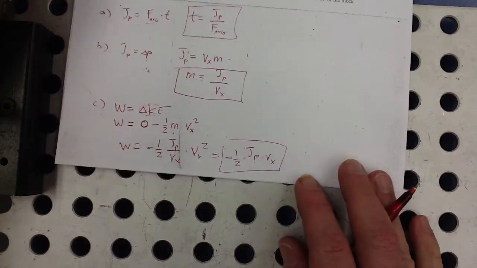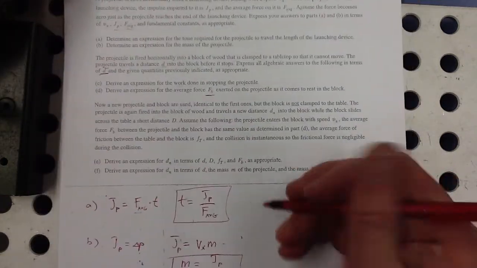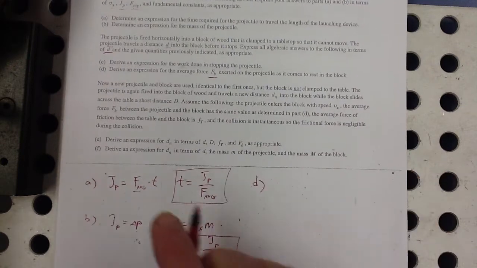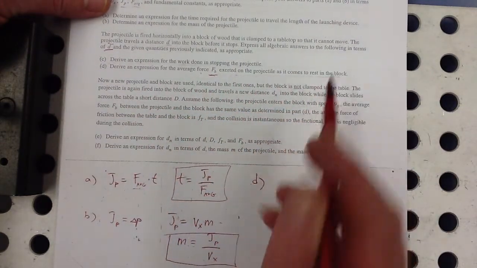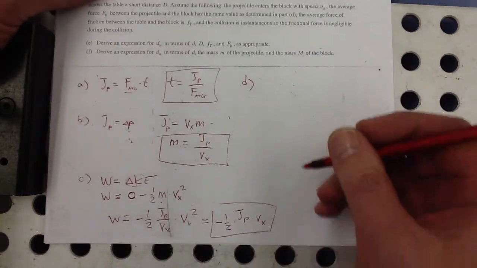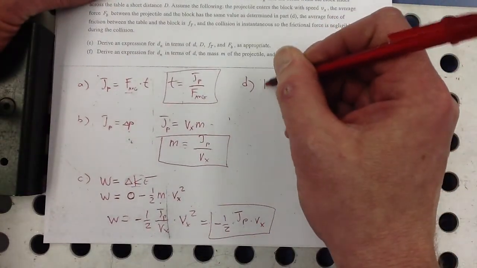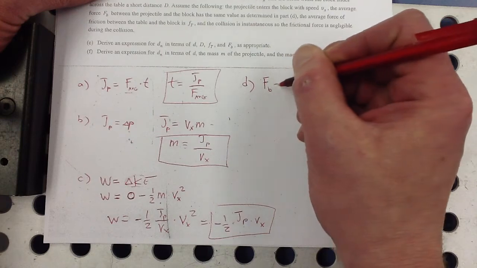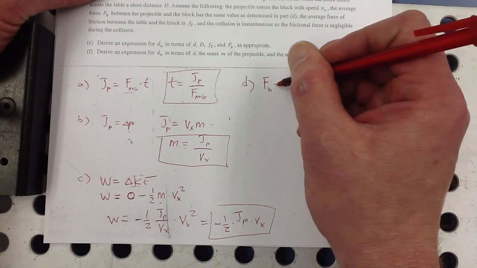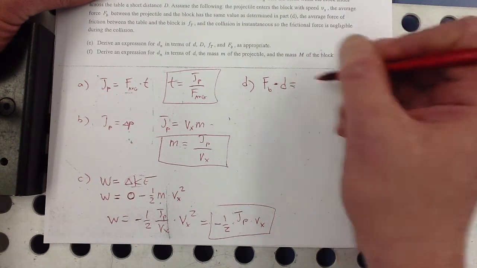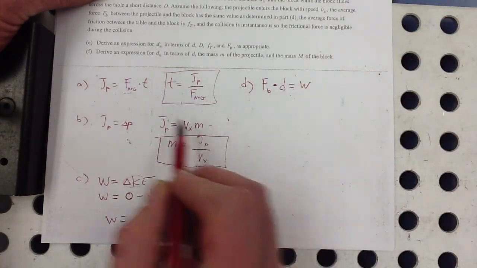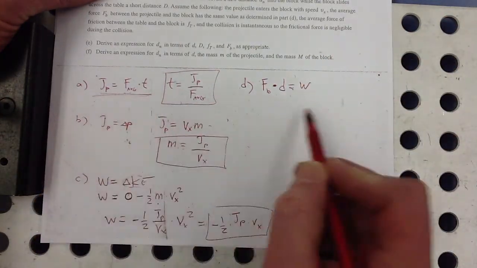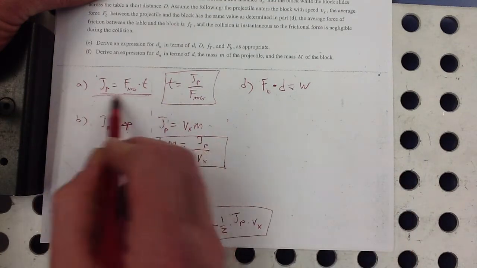All right, part D. Derive an expression for the average force exerted on the projectile as it comes to rest in the block. Well, the average force times distance would be equal to work. Just like we used here, this is very much analogous to what we did here.